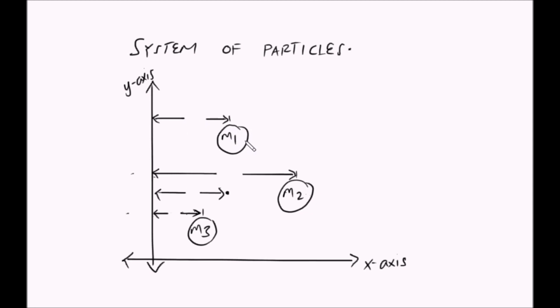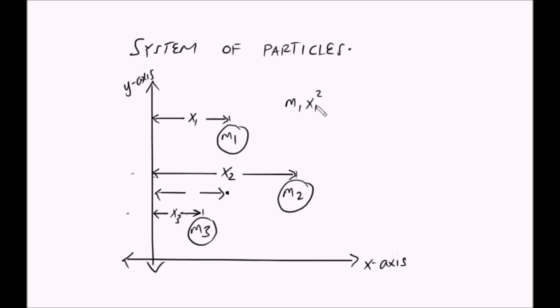So let's say particle with mass m1 is located at a distance x1, and then particle with mass m2 is located at a distance x2 from the y-axis. And then particle with mass m3 is located at a distance x3 from the y-axis.